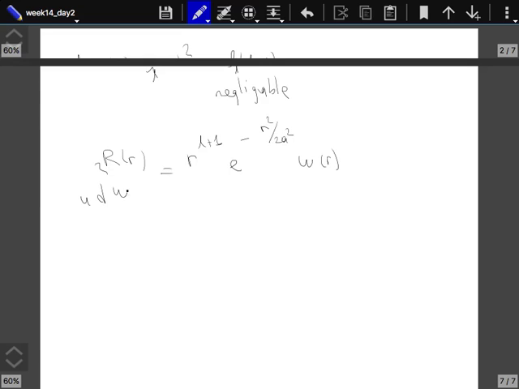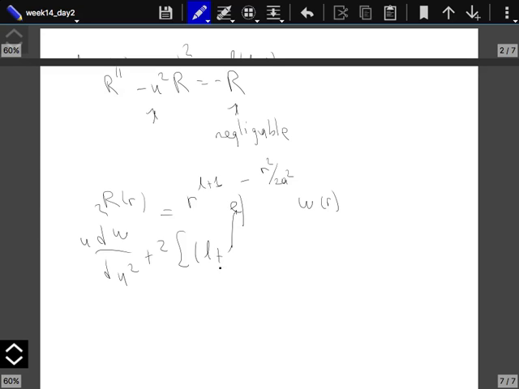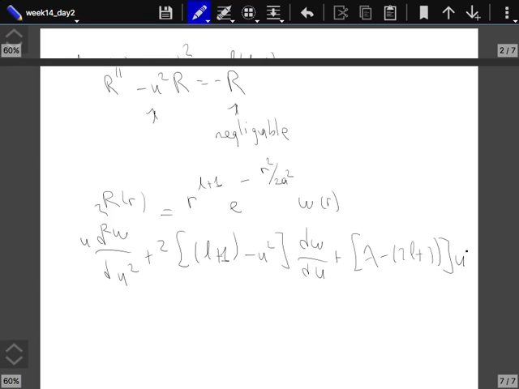It is u d squared omega by du squared plus twice l plus 1 minus u squared, d omega by du, plus lambda minus 2l plus 3, u omega, is equal to 0, where lambda is just related to the energy.